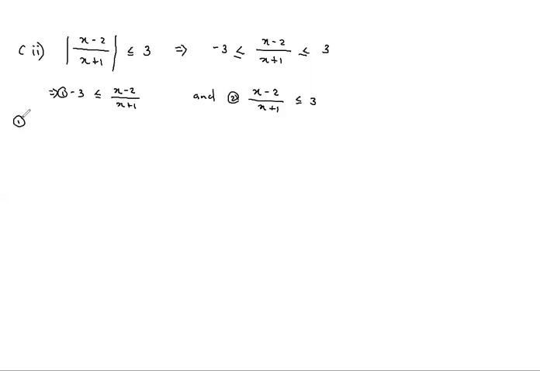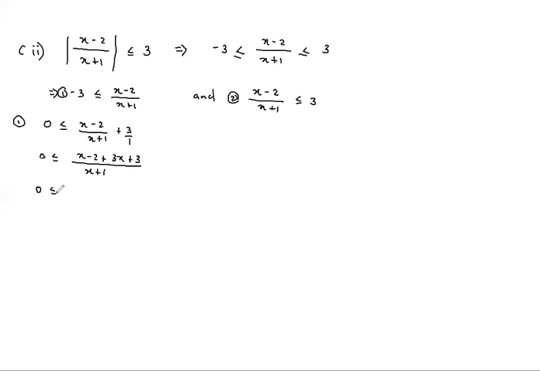The first piece, for the easiest, is the same as having 0 less or equal to x minus 2 over x plus 1 plus 3. So that you say 0 is less or equal to x minus 2 plus 3x plus 3 over x plus 1.